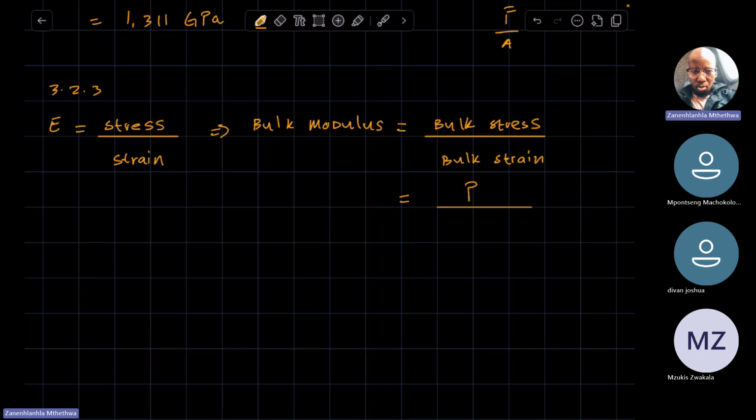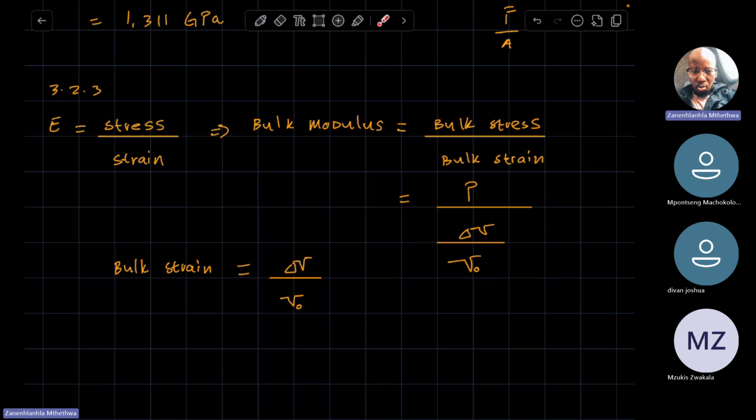Hence, the bulk strain is equal to the change in volume divided by the original volume. So here you would have the change in volume divided by the original volume. This is the formula we use.